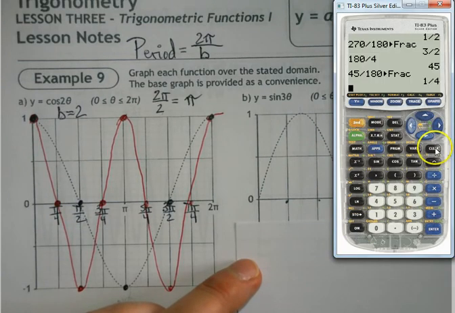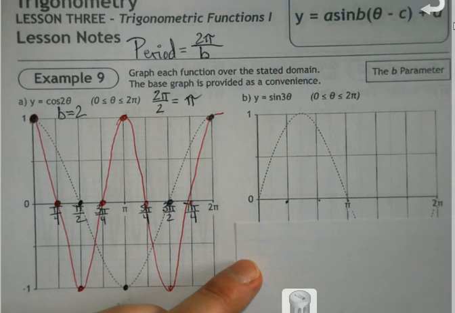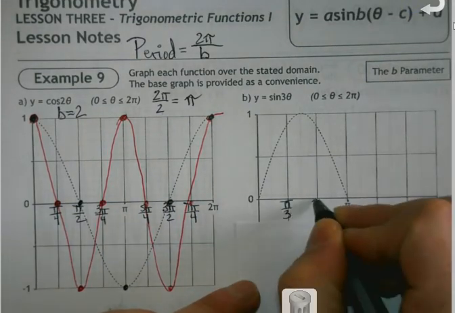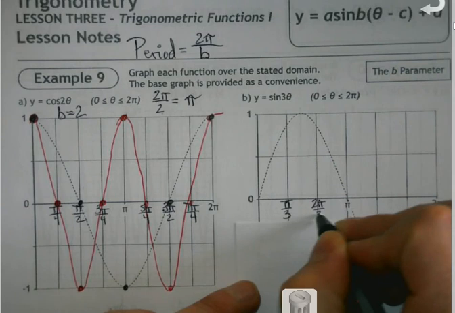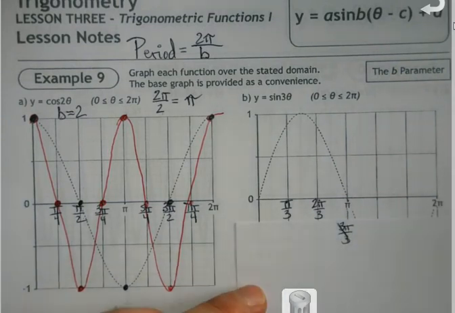So 180 divided by 3 is 60. So let's see what we get. Okay, 1/3. So I'd have pi over 3. And then I'd have 2 pi over 3. Because remember, we just keep adding 1. 3 pi over 3 is just pi, so that works.